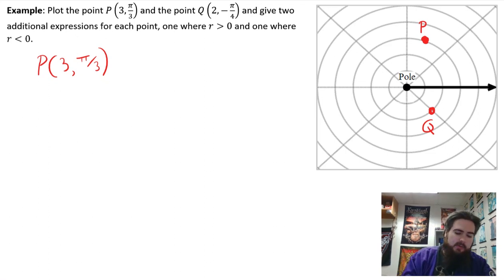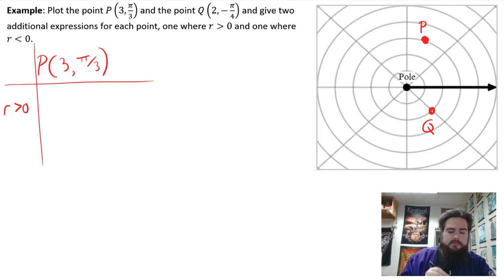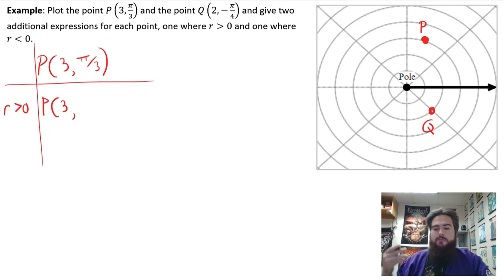If I want r to be greater than 0, I will keep r as it is and simply change our angle measure. Because if I want to still end up at the same point P up in quadrant 1, I could still end up there if I rotate a full amount.